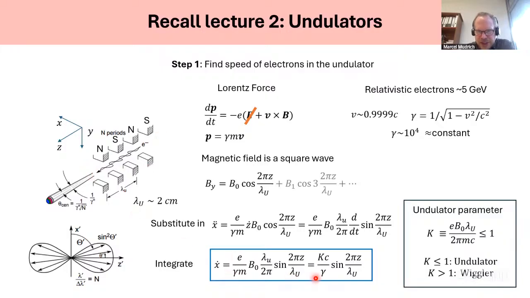This is where the K parameter, the undulator parameter, appeared as a coefficient in front of a sine term, sine of 2 pi z, so the electrons fly along z, divided by the undulator period. The undulator period is just one period of this elementary unit of the undulator.